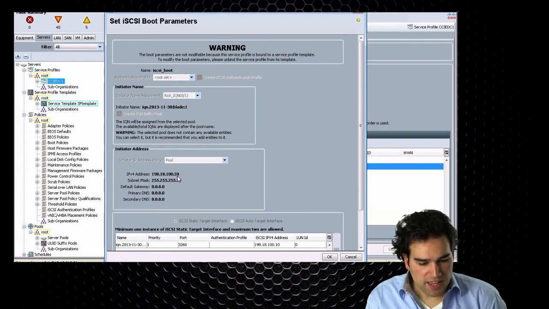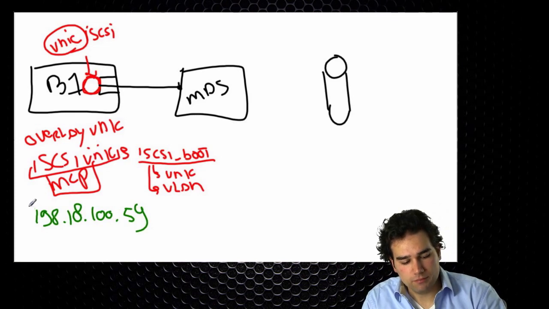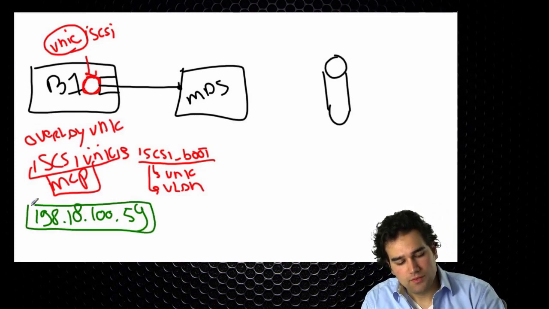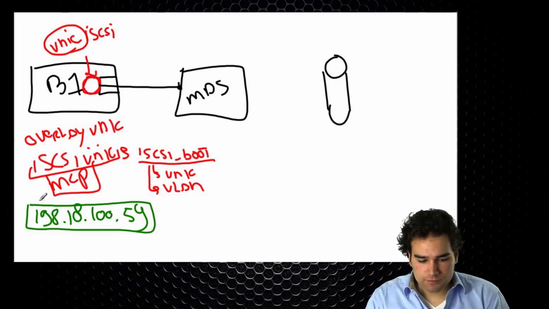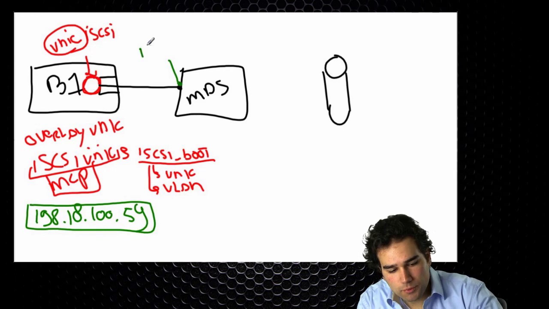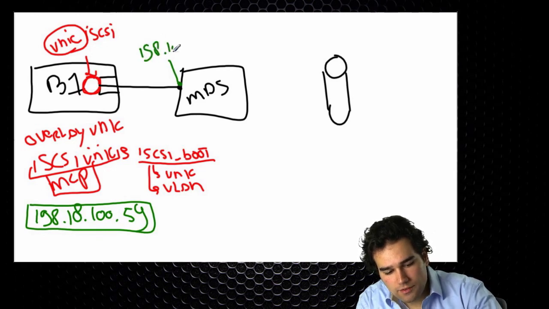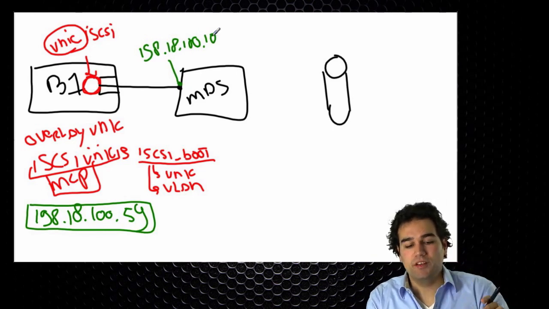That is my IP address seen on the server. So this is my blade. I told the server to set up a connection to the .10, and the .10 is configured here. So 198.18.100.10 is configured. That is my IP end-to-end connectivity.